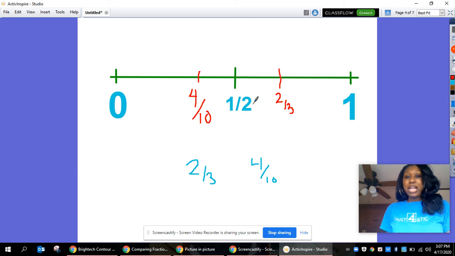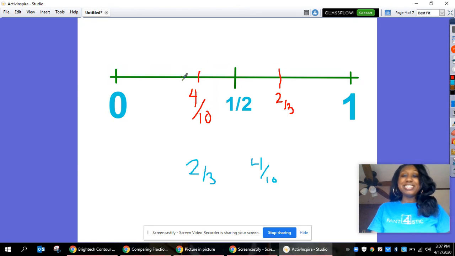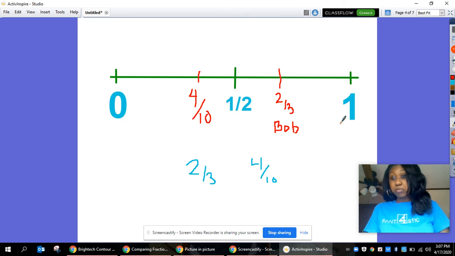So we used 1/2 as a benchmark for us to compare 2/3 and 4/10. And we see 2/3 was more than 1/2 and 4/10 is less than 1/2. So that means that Bob, who ate 2/3 of a batch of cookies, ate more than Jacoby. My goodness. So I guess we settled that argument between them. Now the good news is both of them are going to brush their teeth.